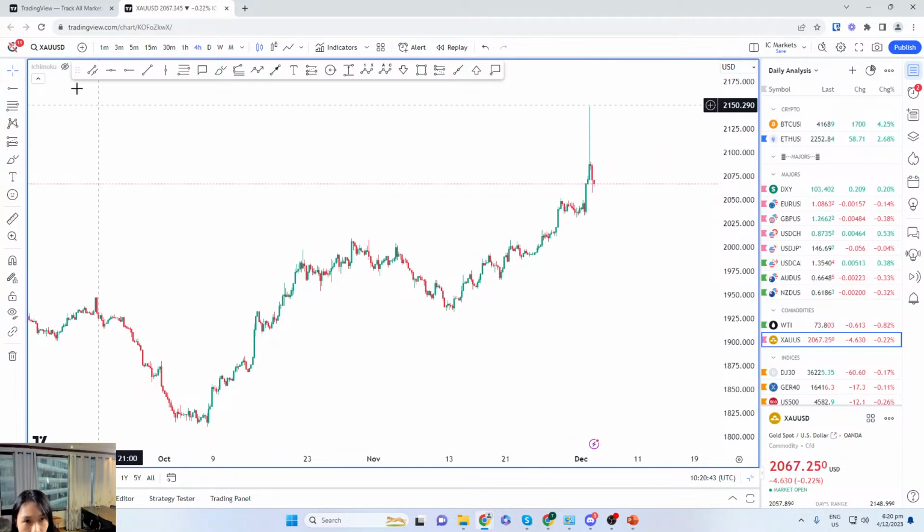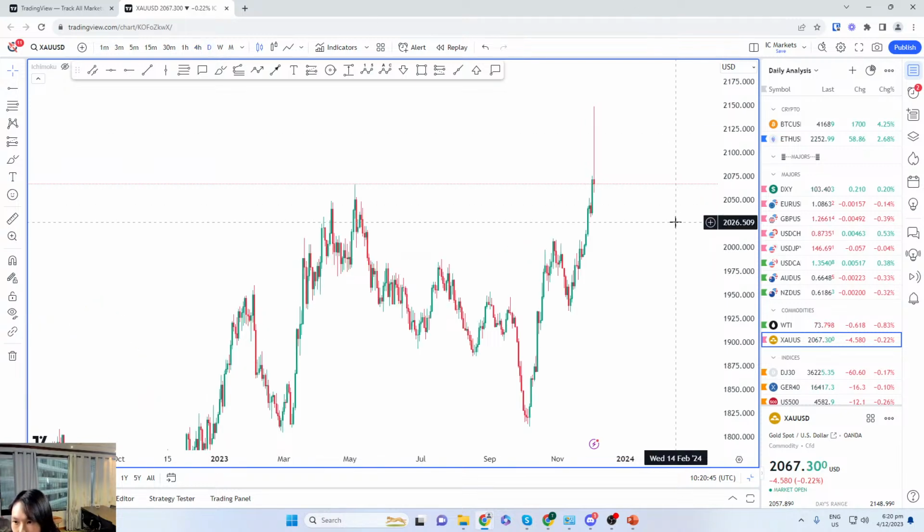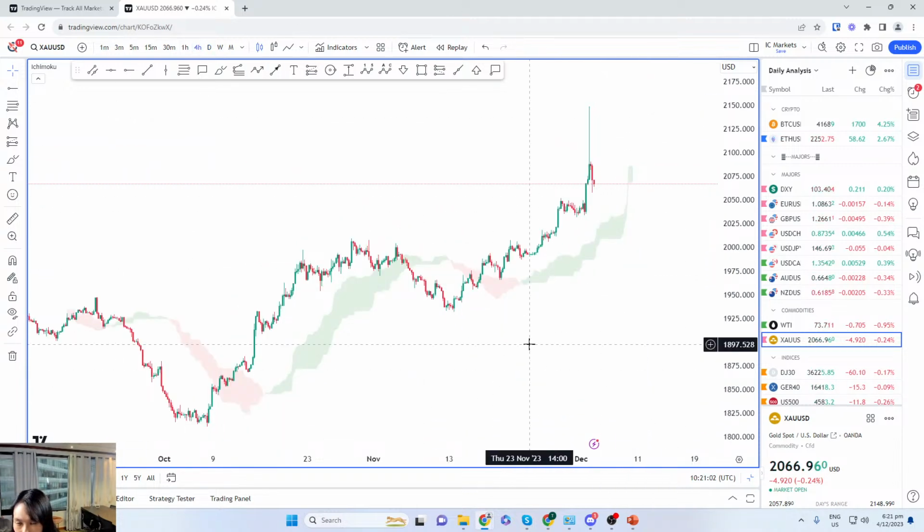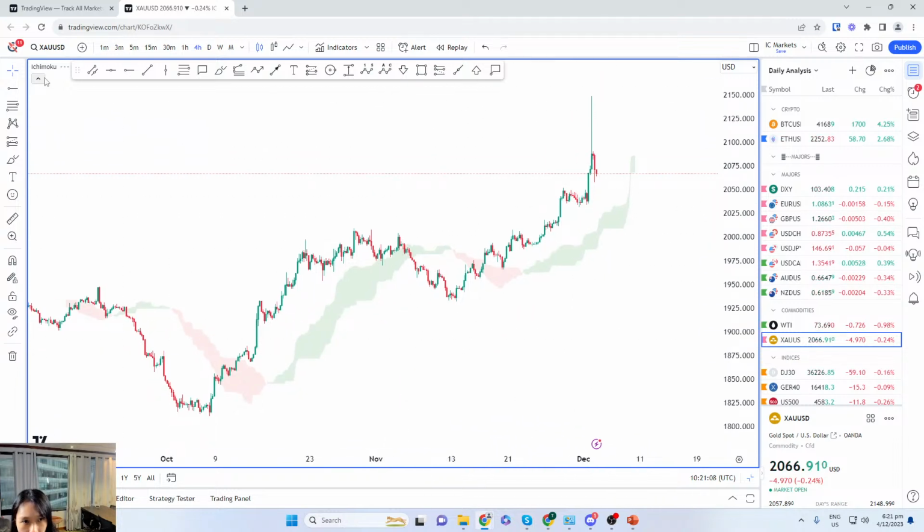I think let's look at the daily chart. I'm not sure, but it looks like gold is still very bullish according to the Ichimoku. So even on the H4 chart it is bullish.